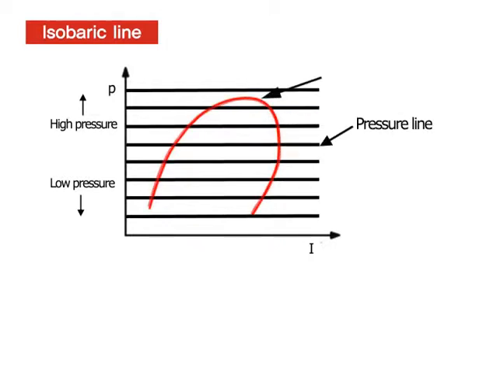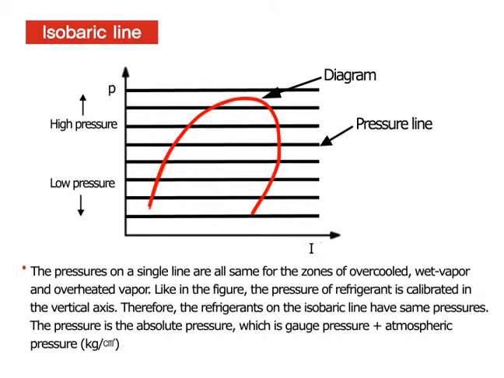The pressure on a single line is the same for the zones of overcooled, wet vapor, and overheated vapor. Like in the figure, the pressure of the refrigerant is calibrated on the vertical axis. Therefore, the refrigerants on the isobaric line have the same pressures. The pressure is the absolute pressure, which is gauge pressure plus atmospheric pressure, in kilograms per square centimeter.